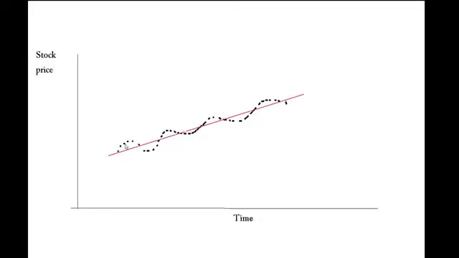The error term at the next point is positive, and the next, and the next, and so on. So the error term is not randomly distributed off of the regression line.